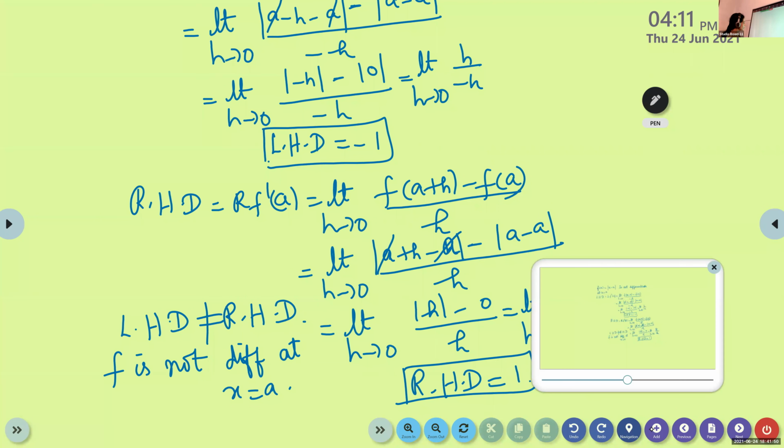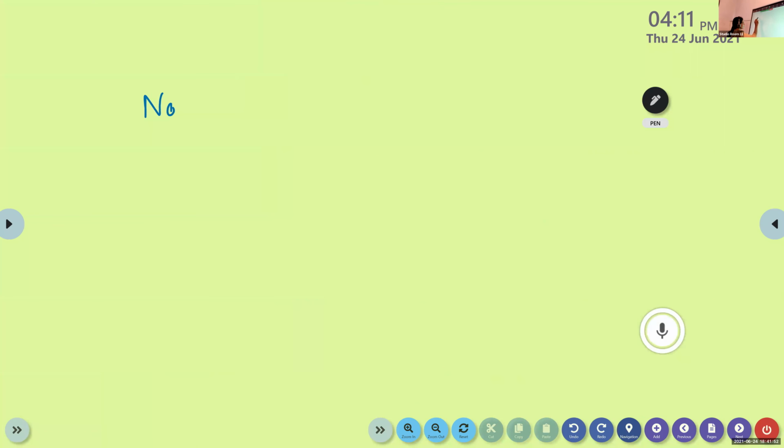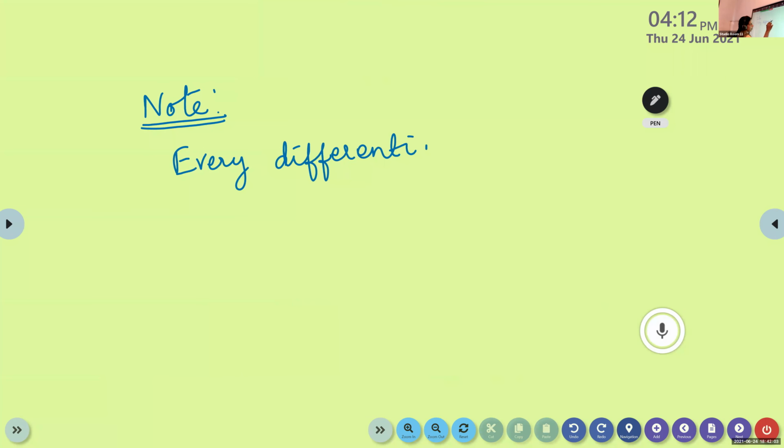Next is a very important 1 mark question. It's an important point. Note it. Write down. Note: every differentiable function is continuous. If a function is differentiable, then it is continuous.